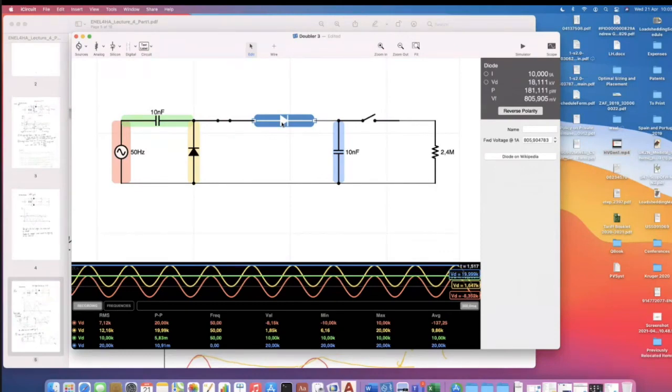We can arrange it like this so that we get 20 kV peak out. We don't know if we can get 40 kV diodes, etc. So we're doing this so we can build up a DC voltage using components that may be available. And we'll see in the next lecture, when we look at the Cockcroft-Walton, we can extend these stages nicely because we can use components that are readily available.